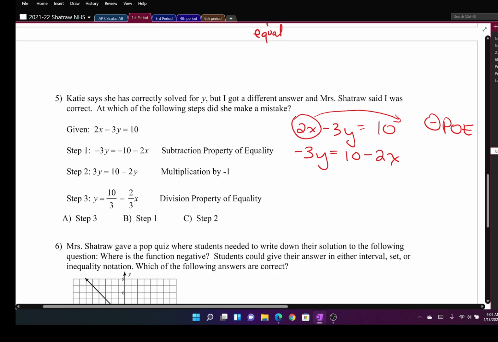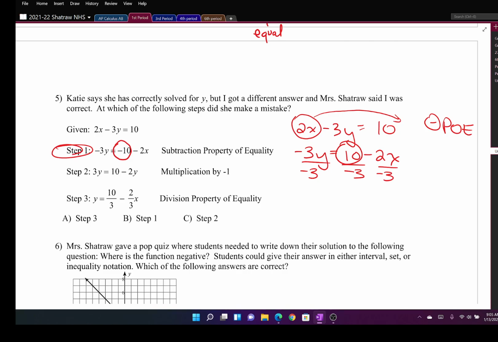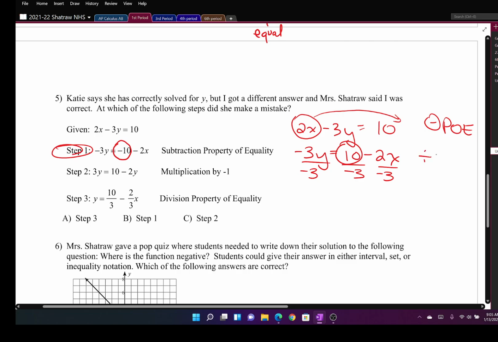And I'm looking at her work, and I'm saying that she does not have what I have. She has a negative there. So I'm guessing that step 1 is the incorrect answer. Then I'm going to keep working on this. -3, -3, -3. I am not minusing 3. I'm taking that -3, and I'm using the division property of equality because that -3 was multiplied by y.